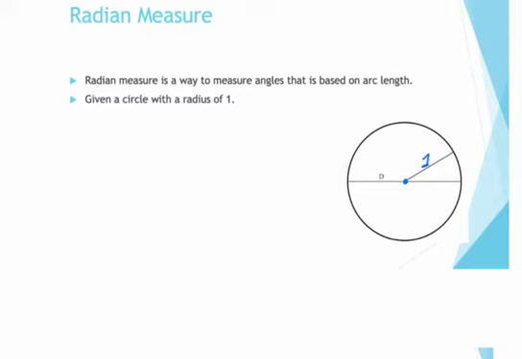Let's consider how we can measure that arc length. So you should have learned earlier that circumference is 2 times pi times the radius. Well, in this circle right here, the radius is 1, so the circumference is just equal to 2 pi.